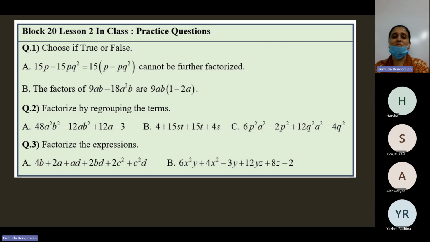You tried, not good. Okay. Which one? You finished 2 A, B, C? What about 3 A and B? Finished. Trying which one? C. 2C.